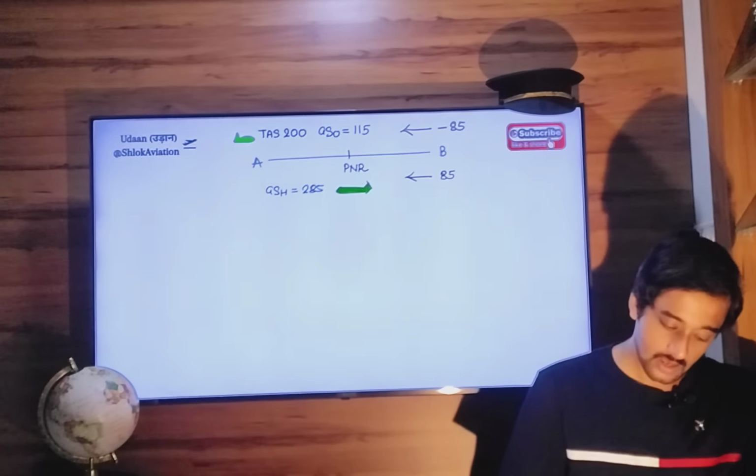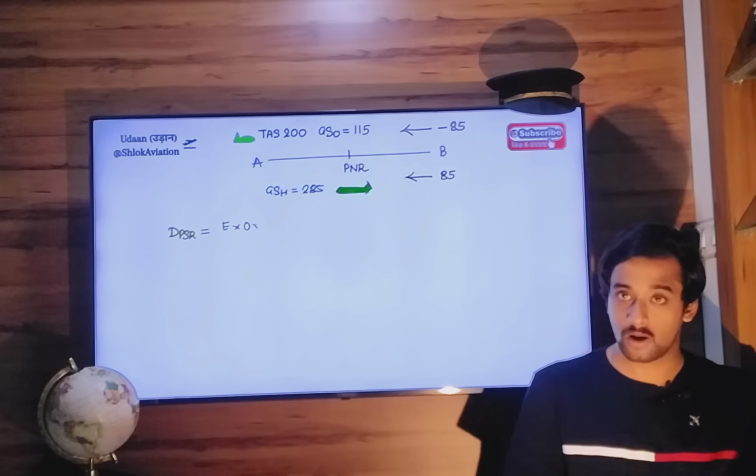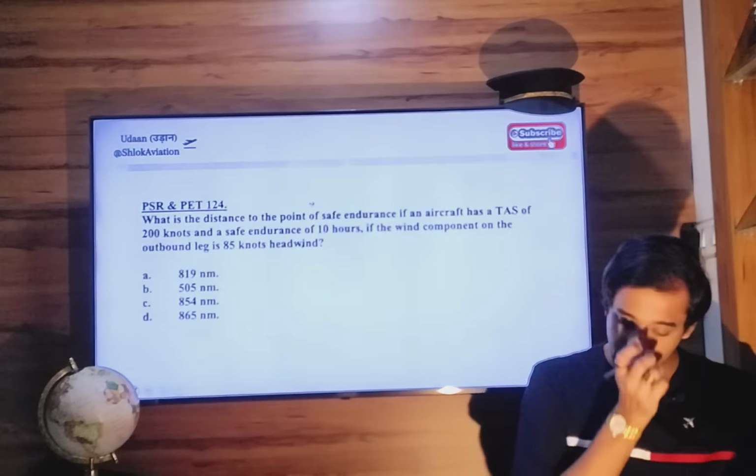So distance to point of safe return is endurance into outbound into homebound divided by outbound plus homebound.